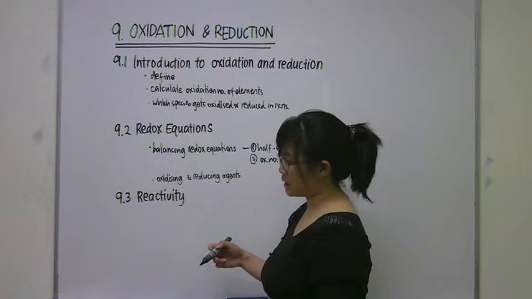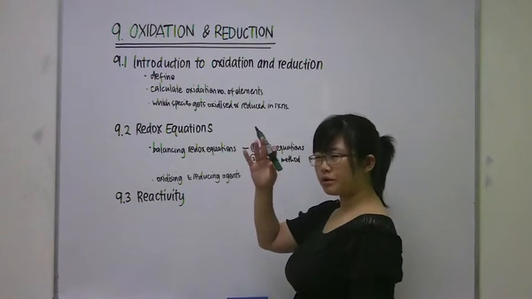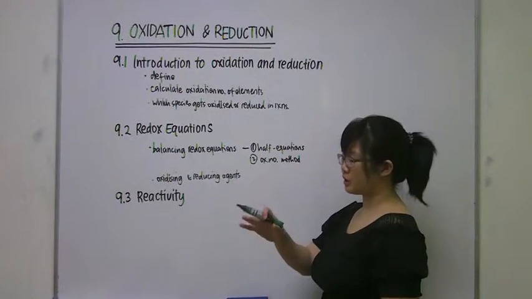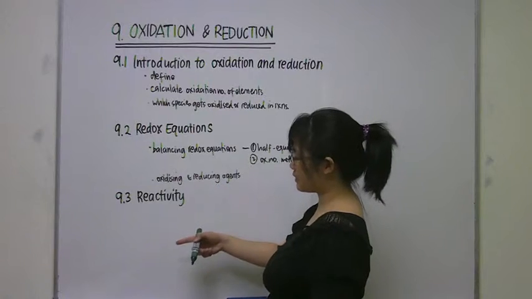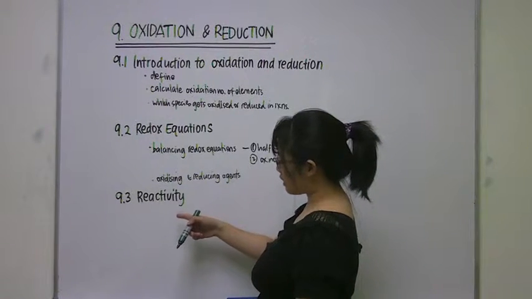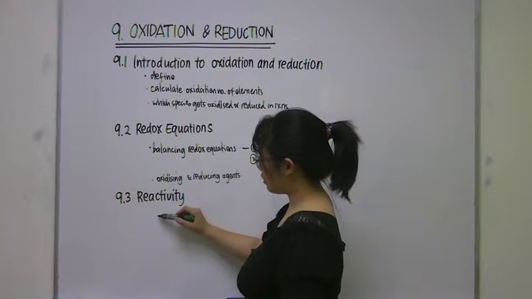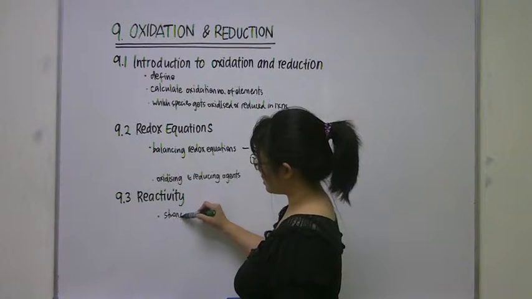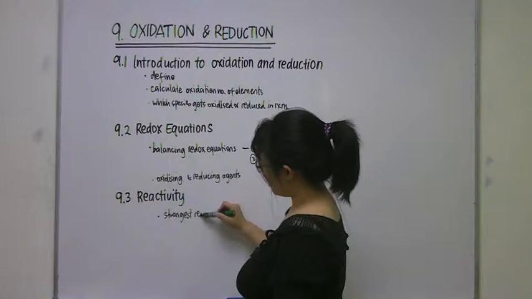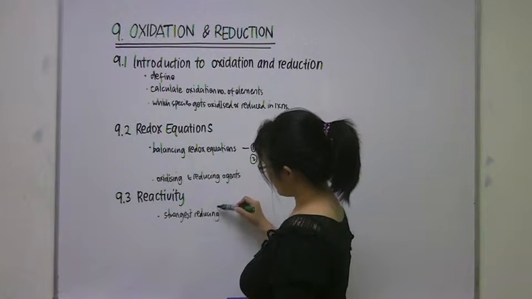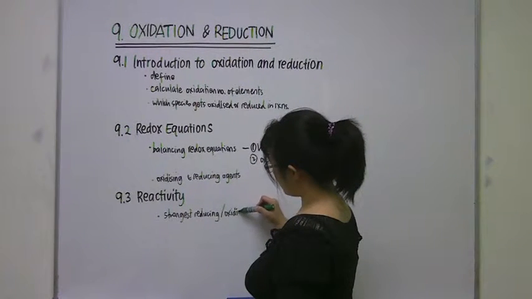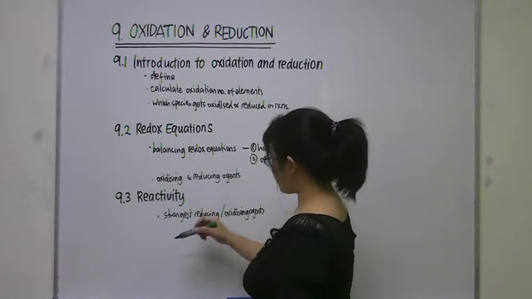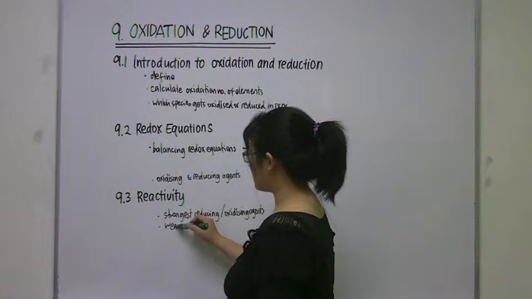In reactivity, they should know from previous levels of education like O-level or IGCSE about the reactivity series. In the reactivity series, you need to teach your student how to determine which one is the strongest reducing or oxidizing agent in the series, so strongest and weakest.